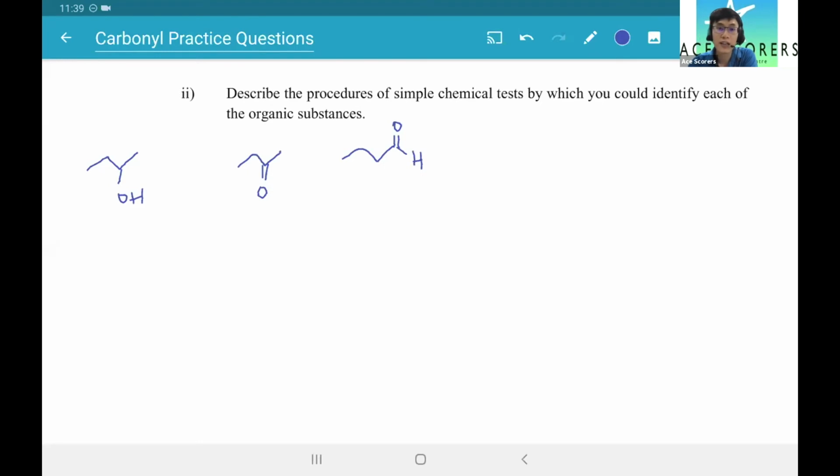Then how about Kellyanne? I did the elimination method. I added KMnO4 in H2SO4, heat. Can. To differentiate between the aldehyde and the alcohol, I used Fehling's solution. Very good, also can. Jiaxuan?